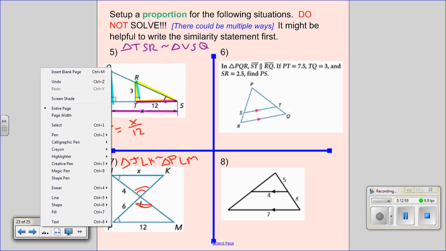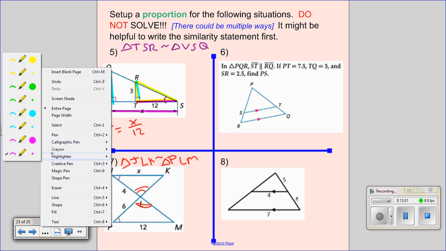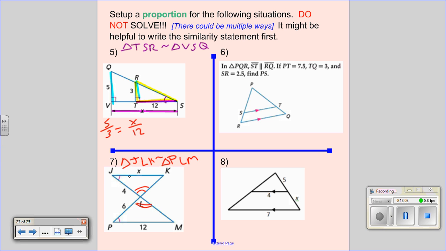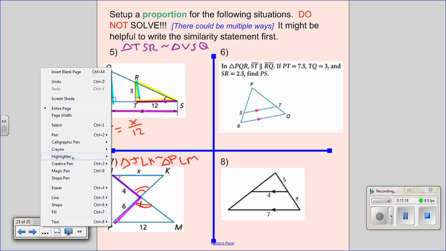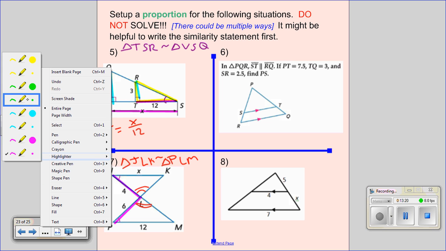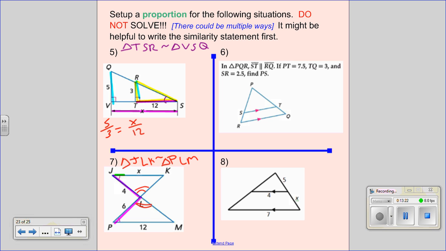So now that I know that, I'm going to highlight the corresponding sides. So we have JL right here, which is 4. It corresponds to PL. And then JK corresponds to PM.